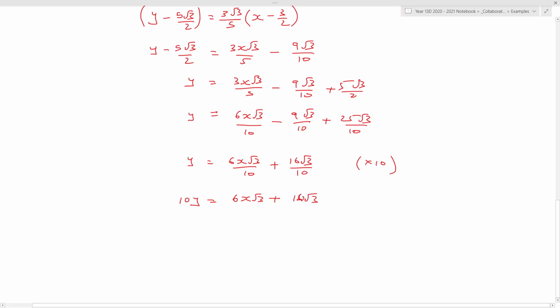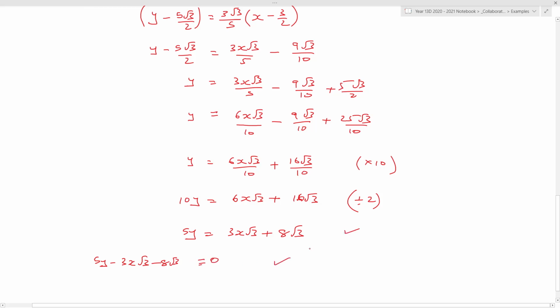So if we divide by 2, we get 5y is equal to 3x root 3 plus 8 root 3. And we can leave it in that form. That's fine. If you want it to equal 0, you could also make it 5y minus 3x root 3 minus 8 root 3 is equal to 0. Either form is fine.